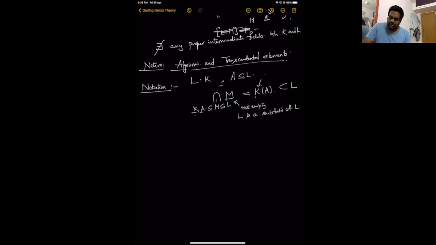This is very trivial. It is the field generated by A over K. It is a very important notion. This will recur throughout the course.